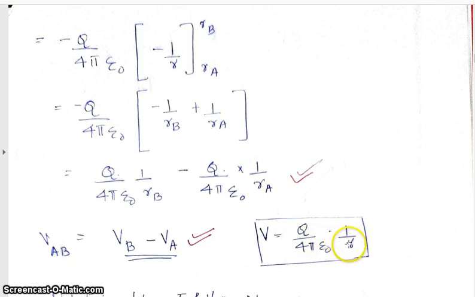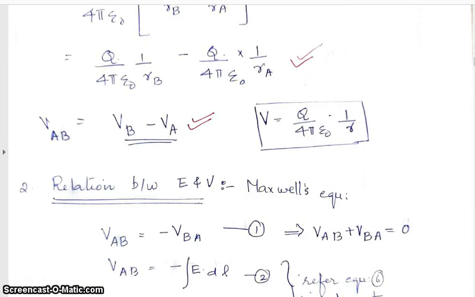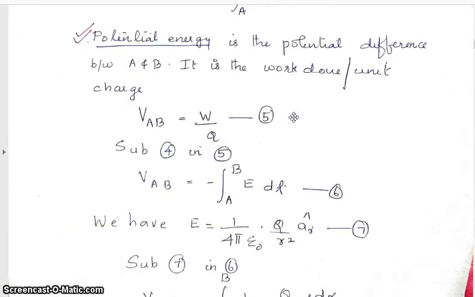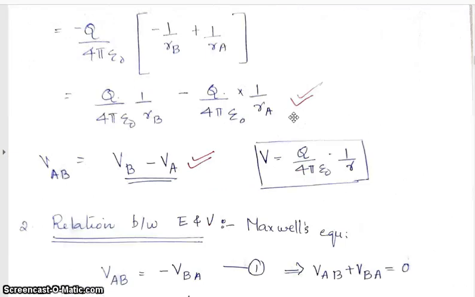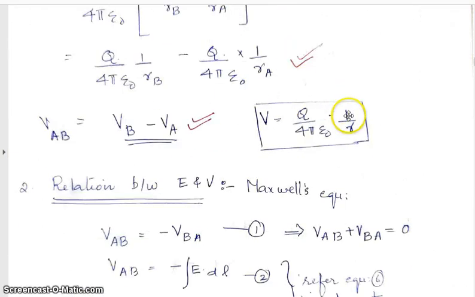The difference is only in the R term. In electric field intensity, in the denominator you will be having R square. Look here. And in potential, you will be having what? In the denominator you will be having 1 by R.